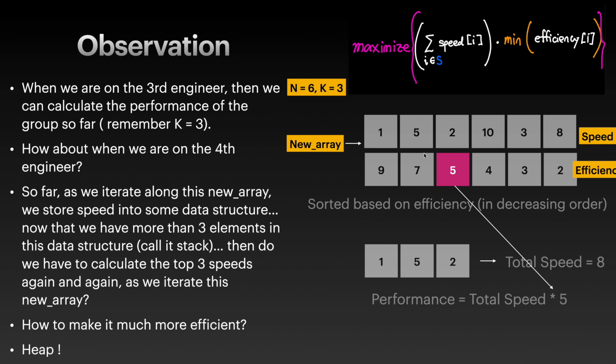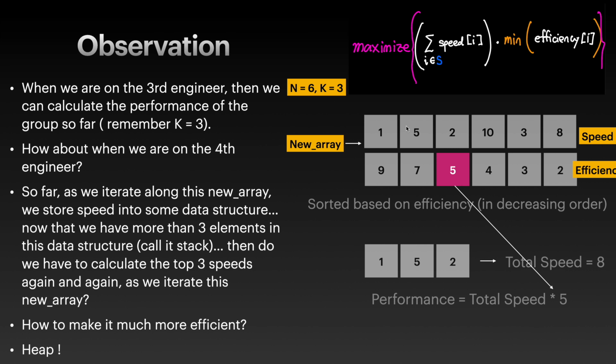And then the next one, well, we can either calculate the performance of this second engineer alone, or we can just calculate the performance of these first two engineers, right? And then we just take the maximum of the previous value and this new value, and so on. So let's say when we are on the third engineer, then we can calculate the performance of the group so far, right?